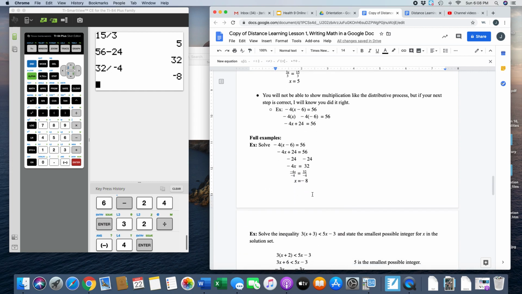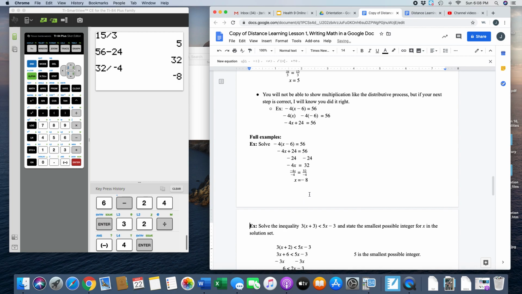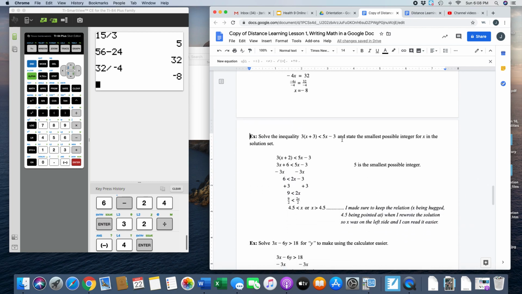I want to just show you real quick a reminder. With this inequality, I'm not going to show all of the work, but remember, inequalities usually are two-step questions where you solve, and then you also have to state a number that works, something a lot of you keep forgetting to do right there. So here I distributed 3 times x, 3 times 2, which gave me 3x plus 6 less than 5x minus 4.